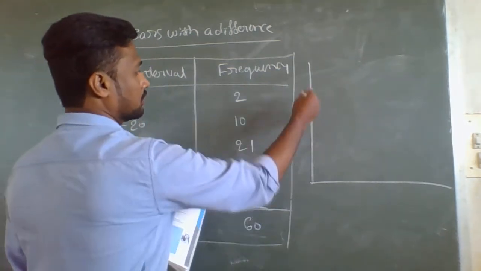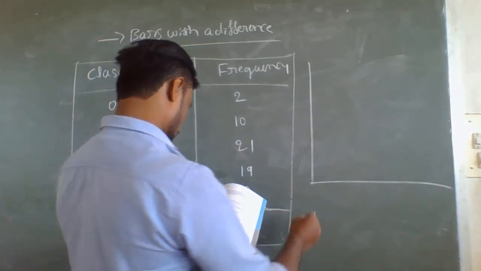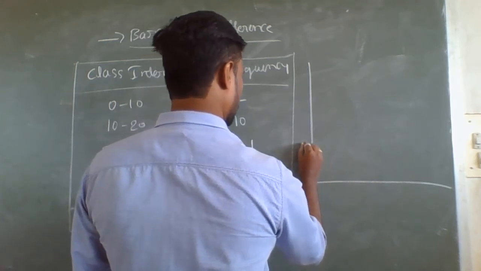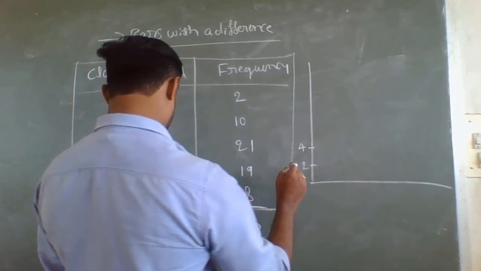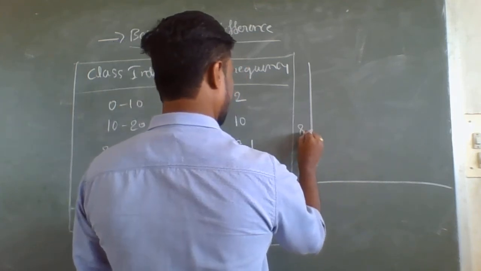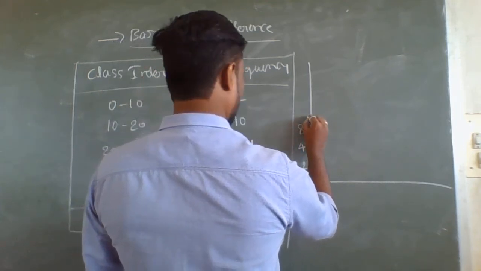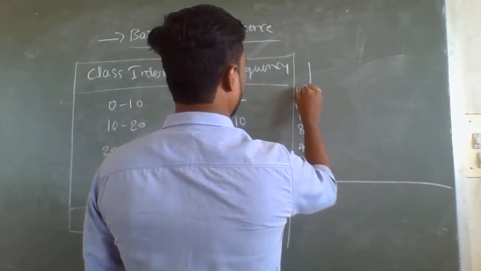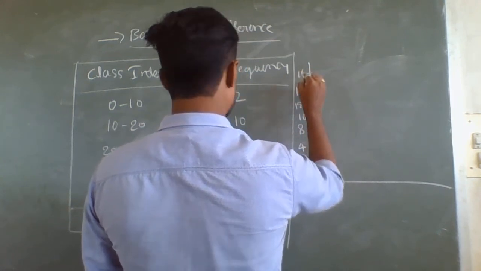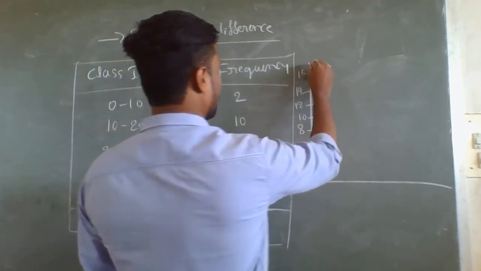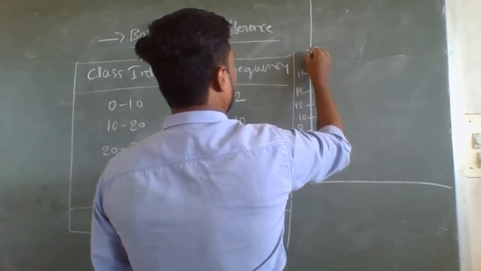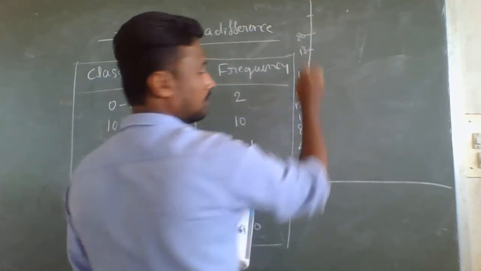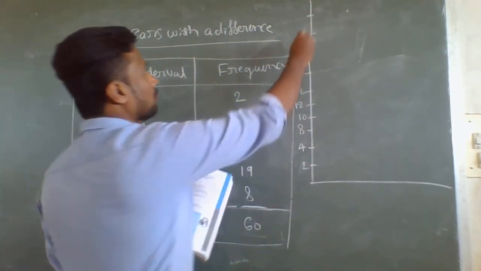Number of students. This axis indicates the number of students: 2, 4, 8, 10, 12, 14, 16, 18, 20, 22.